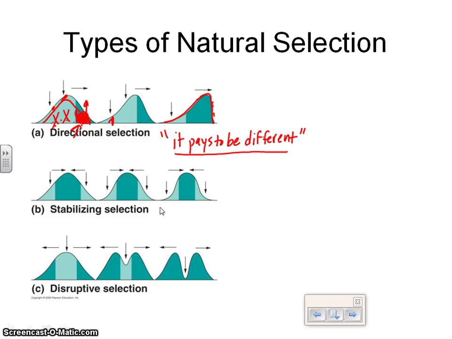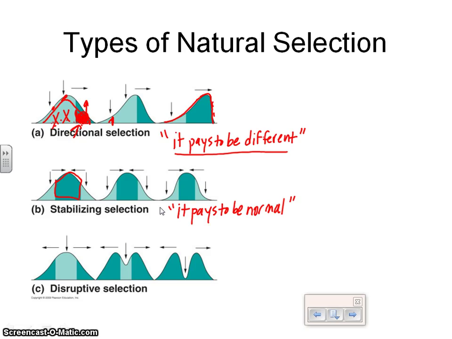Then in stabilizing selection, it pays to be normal. Okay? So normal means that the bell curve, where the top is right here, this is the normal range of the population. Most of the individuals in this entire population have this trait.